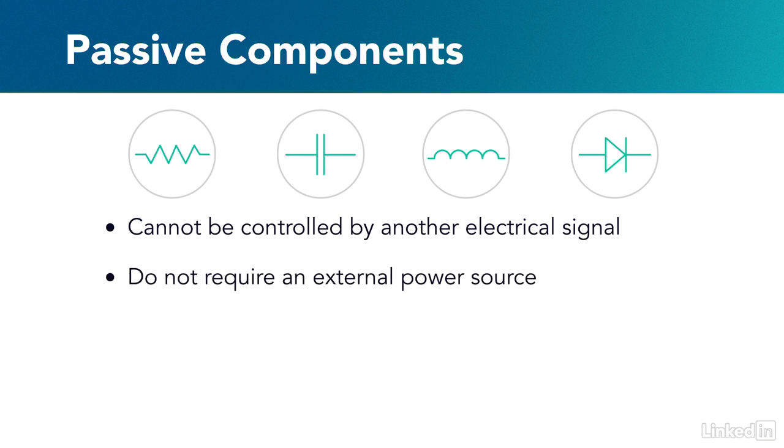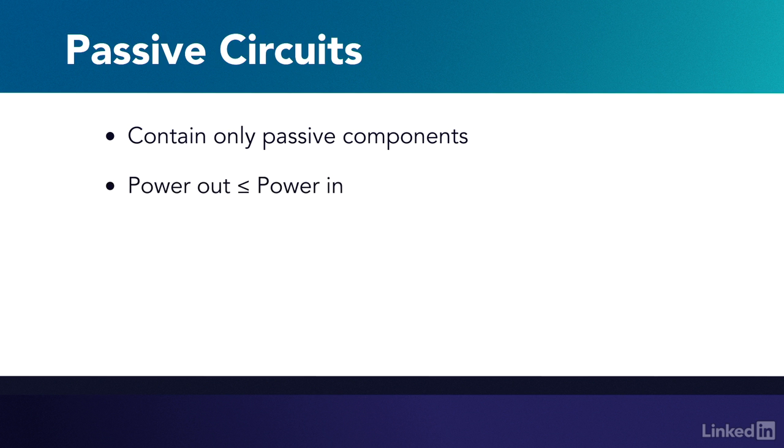But, unlike active components, passive components can operate without an external power source. Although it's possible to build passive circuits containing only passive components that provide a voltage gain, meaning they increase or decrease the voltage of a signal, passive components cannot produce a power gain. The power out of a passive circuit will always be less than, or at the very best, equal to, the input power.